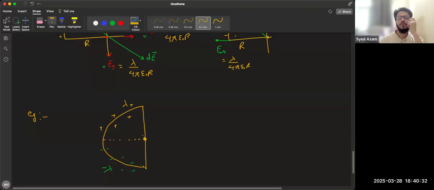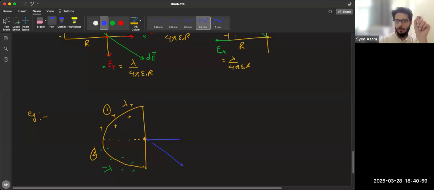In a semicircle, you can easily divide it into two quarter circles. Let's name them 1 and 2. If we follow the rules for the direction, then for the first one, the small element will be here.